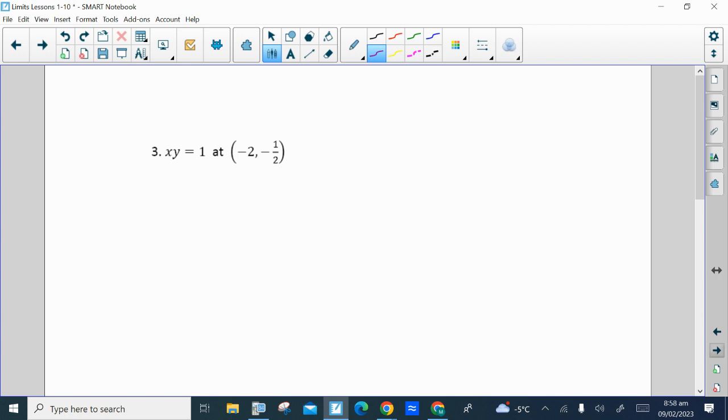We did this one before, and we got a slope of negative 1/4 when we used first principles. So we should get the same thing using this limit formula. But like we did before, we need to first get y by itself in the equation. And so again, h is always approaching 0 using this formula.